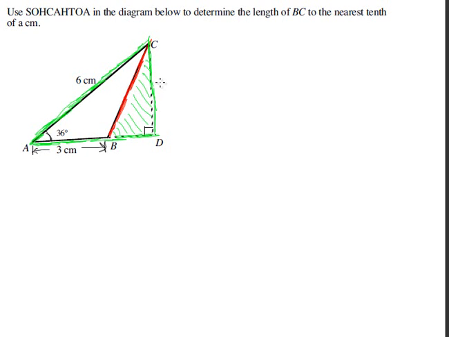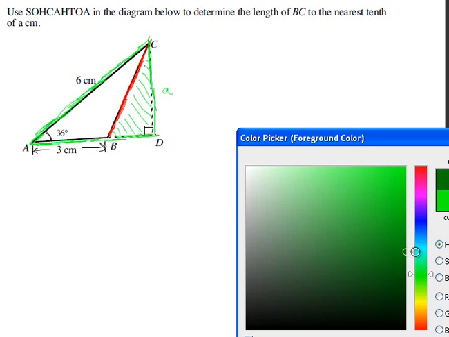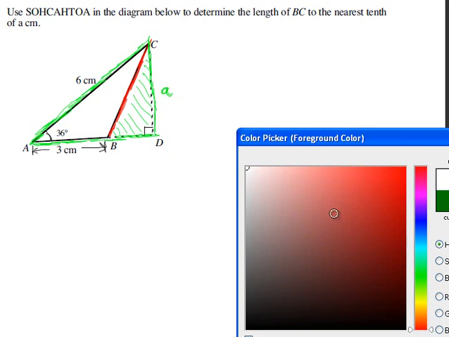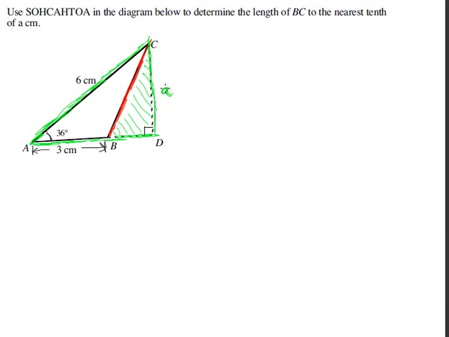So I'll try to find this side, which I'll call A. We'll just switch to black, sorry. Okay, so standing here, this is the opposite side. This is the hypotenuse, so we can say sine 36 equals opposite over hypotenuse.